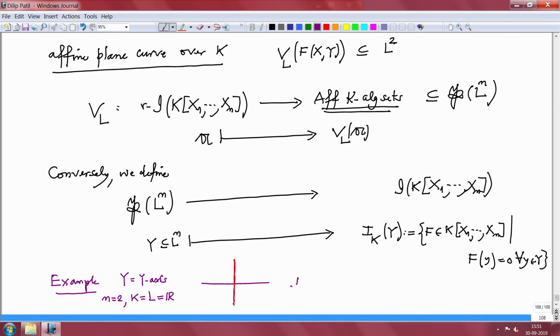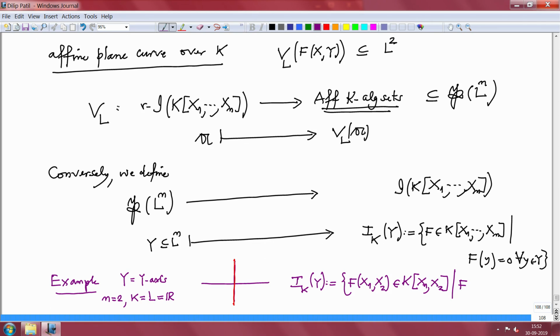So this I_K(Y) is precisely all those polynomials f in two variables x1, x2 such that this polynomial vanishes on every point in Y, the y axis.